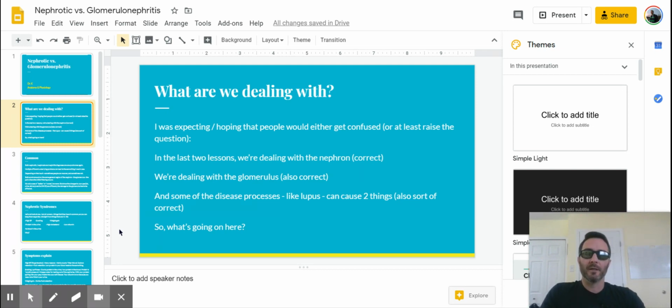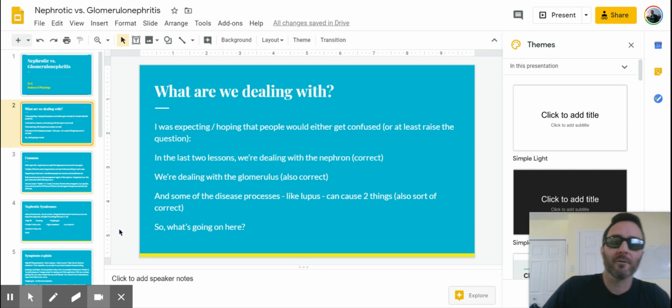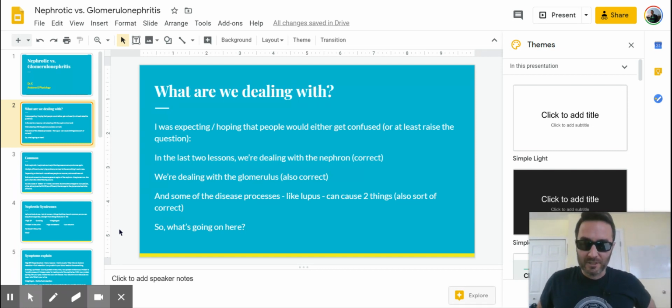And after going through these, I was hoping that people were going to realize that things were a little bit confusing, or at least raise the question that, hey, we're dealing with the nephron, and specifically the glomerulus, and that a couple of times you would see things that showed up with nephrotic syndrome, and said, hey, lupus showed up here, and it showed up with a disease process that showed a whole bunch of protein in the urine.